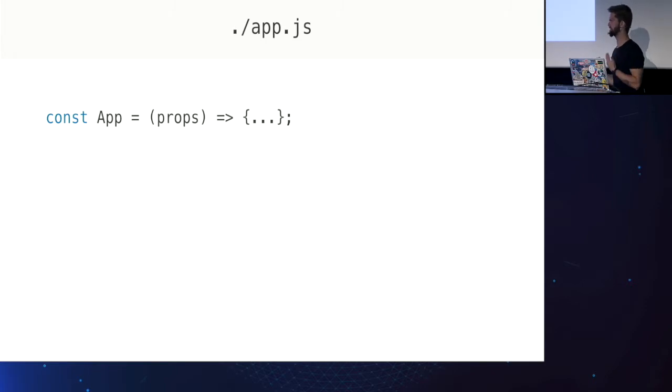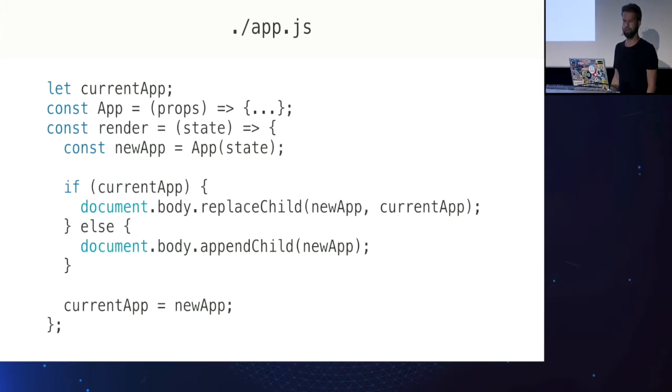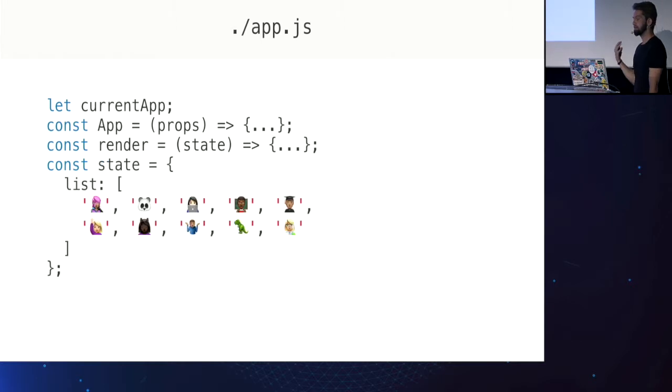This app component returns DOM nodes. So we need a render function that keeps track of an application. If it is rendered for the first time, it adds it to the DOM. Otherwise, it replaces it. And then it keeps a reference of that. Then we're defining some state, and let's say this is just attendees of this conference. And then we're rendering the whole thing.